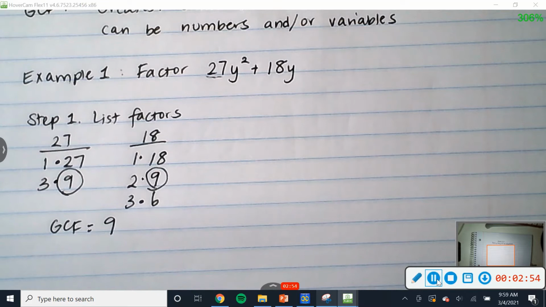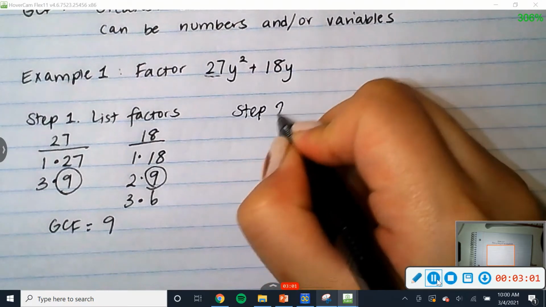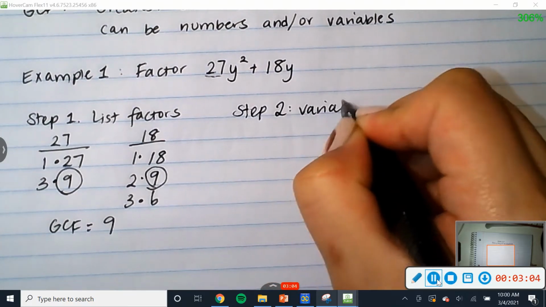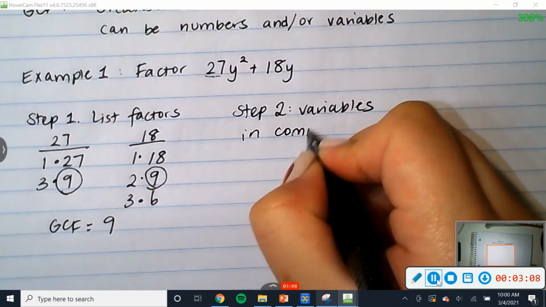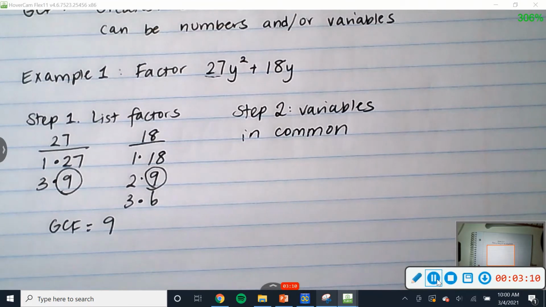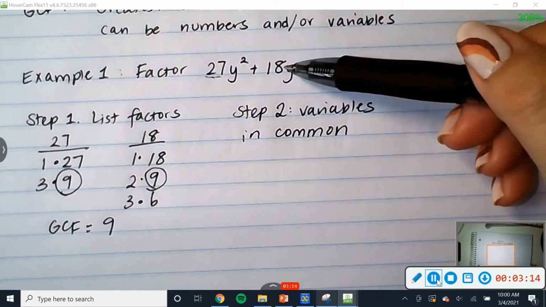After I have listed our factors, the other thing we have to look at is the variable. So step 2 is going to be looking at the variables. You want to see if they have any variables in common. Looking at this expression, this has y squared, and this one also has a y.